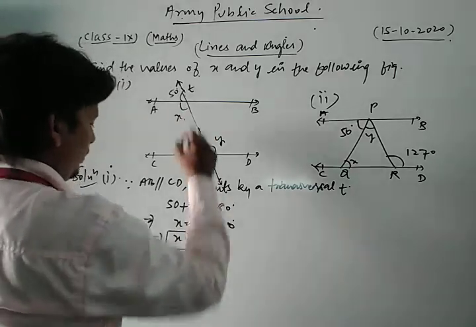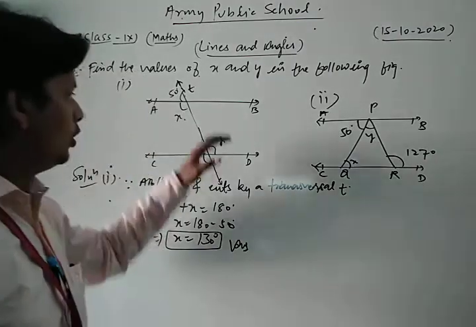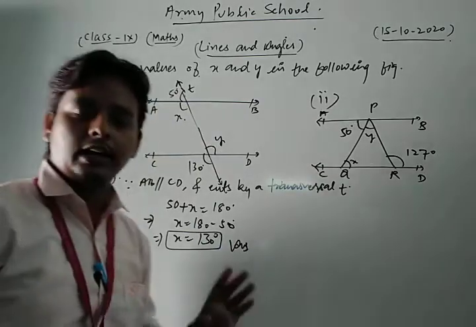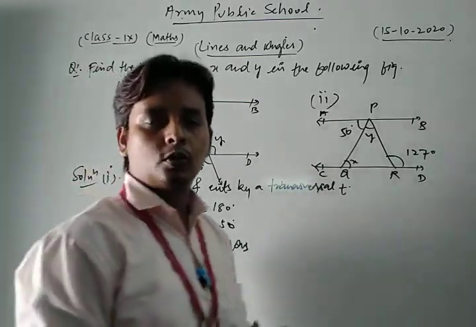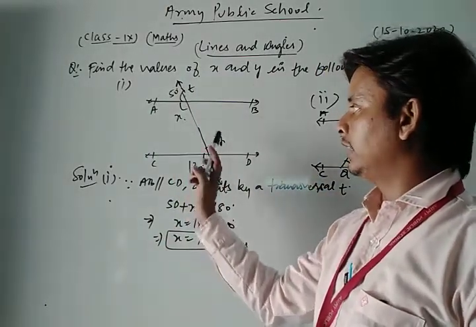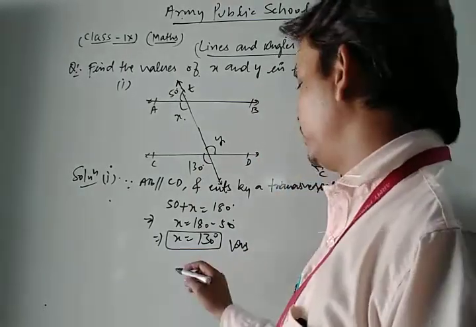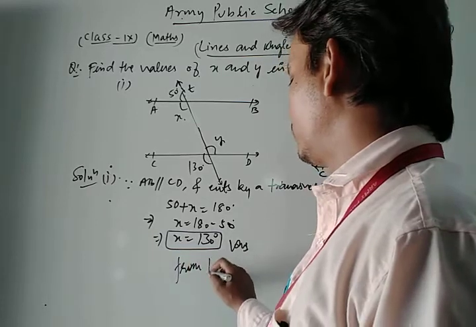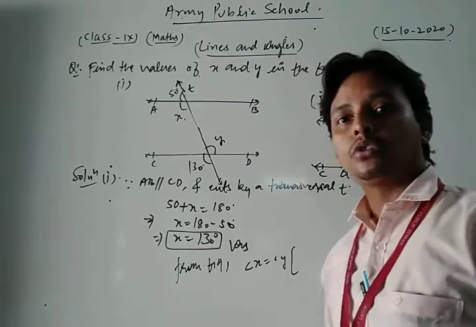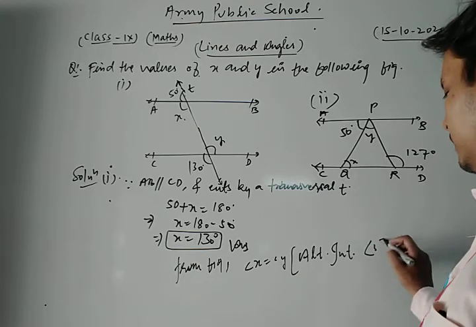So in this way we get the value of x as 130 degrees. Now again from the figure, AB parallel to CD cut by the transversal. Then we know that alternate interior angles are equal to each other. In that figure, angle x and angle y form alternate interior angles. So from the figure, angle x is equal to angle y because these are alternate interior angles.